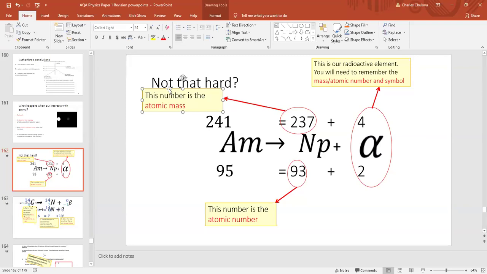Well, if we look at it that way, maybe we should look at it this way. Yes, it's positively charged, and the reason is because it's the nuclei of a helium atom, right?